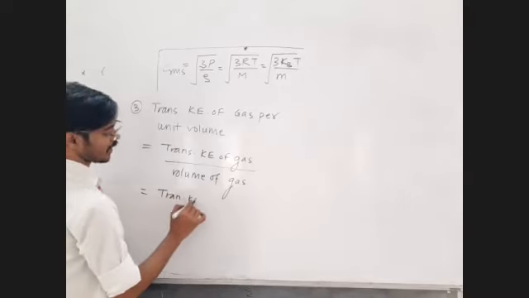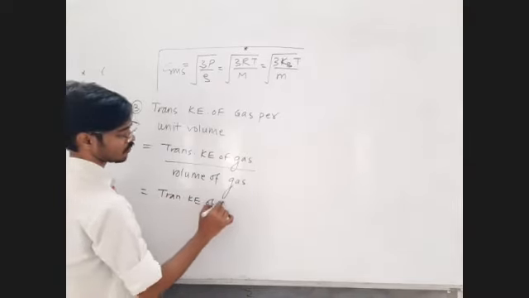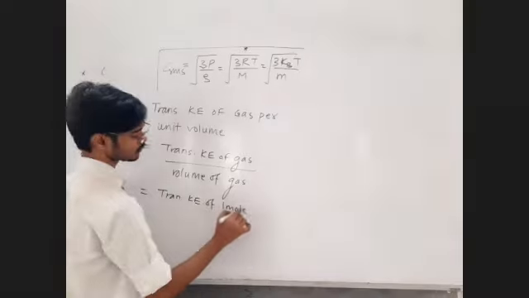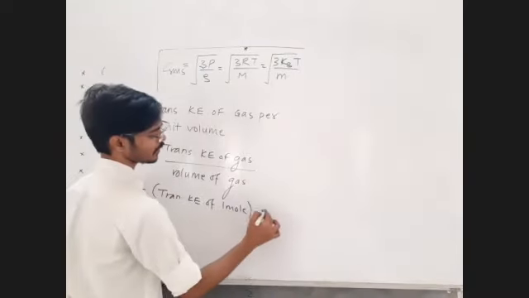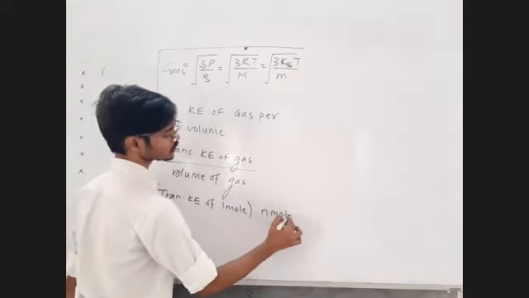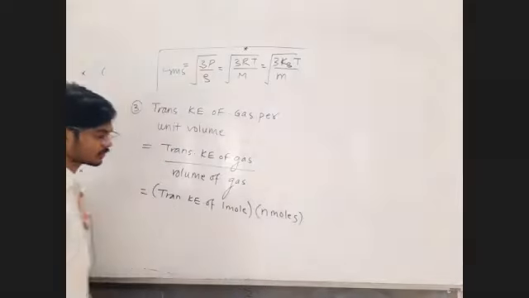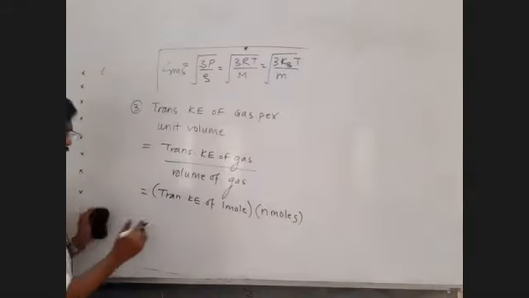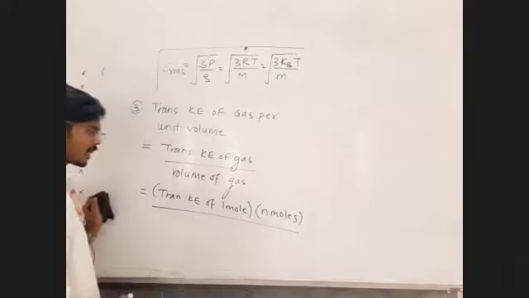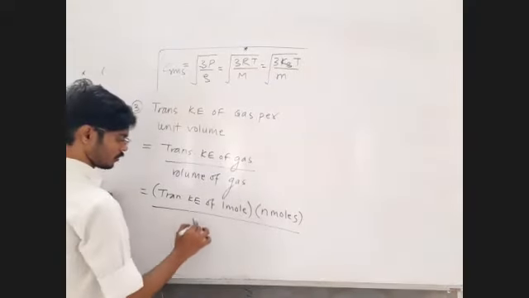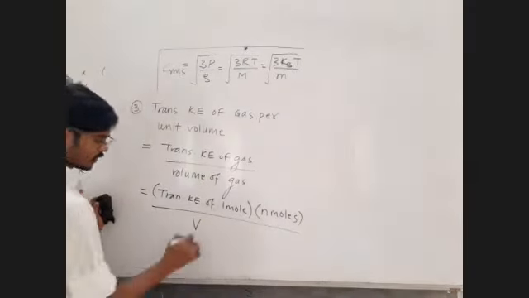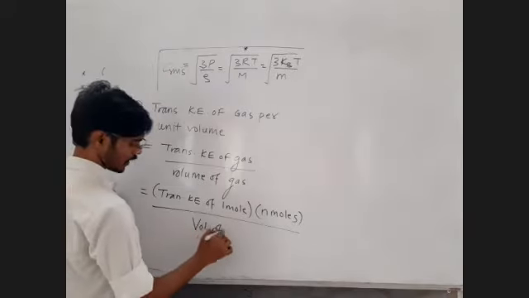Translational kinetic energy of 1 mole multiplied by n moles. Or we have just written the formula, you can directly use that formula also. Divide by volume of gas, V.